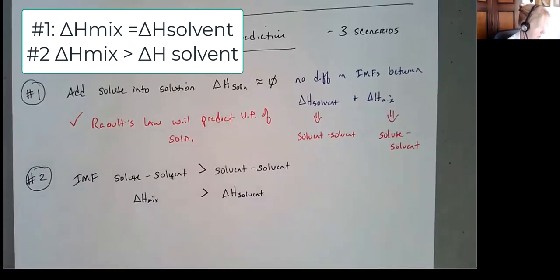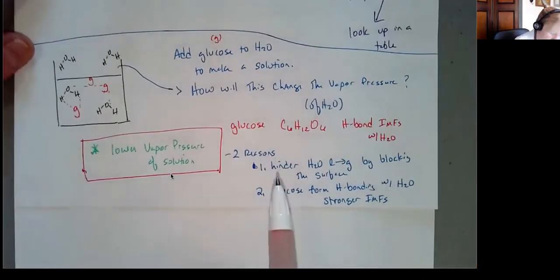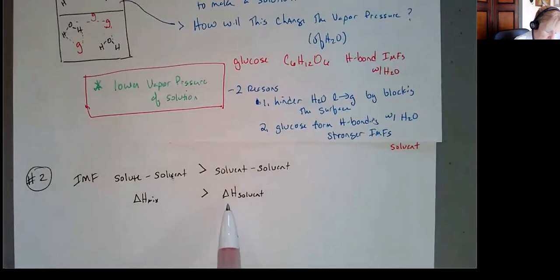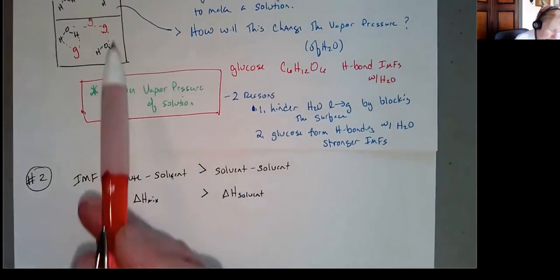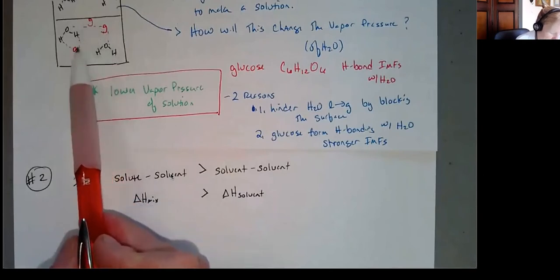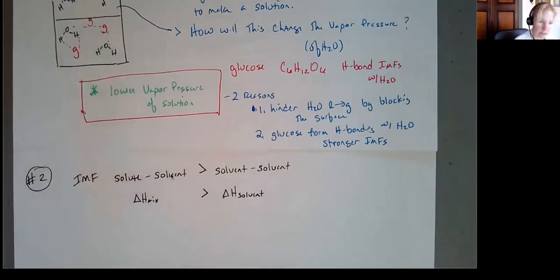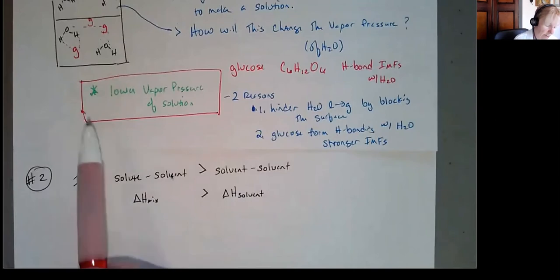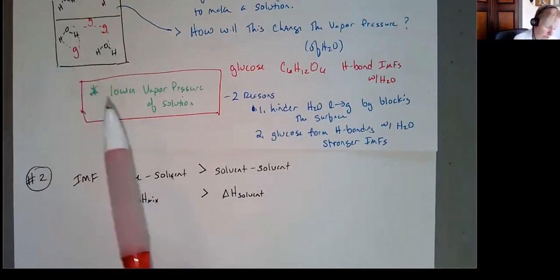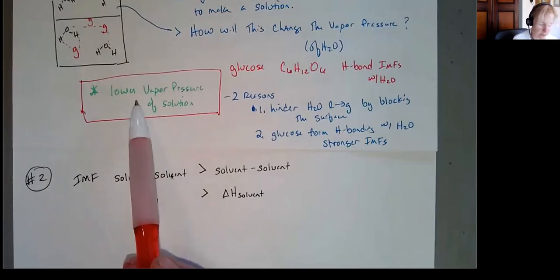So that means that once I form that solution, if my delta H of my mix is greater than the delta H of my solvent, then let's say glucose here has that scenario, it's going to hold these water molecules in solution. And so that's going to allow me to predict, using Raoult's law, that the vapor pressure of the system is going to be lower.